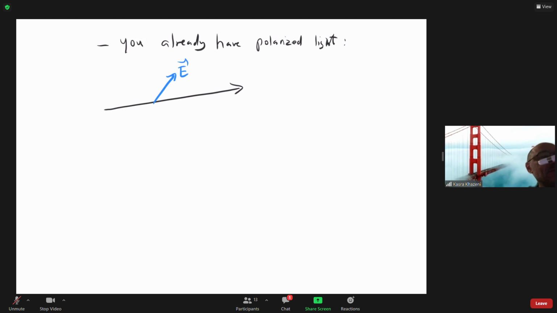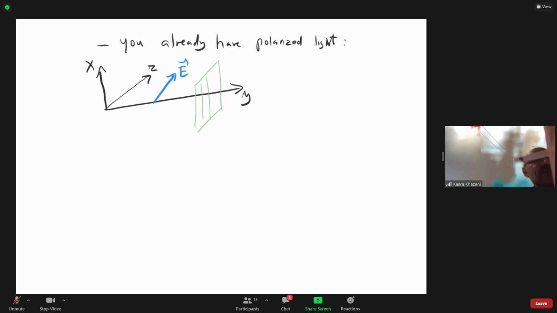And let's define some axes here. Then I'm going to have a polarizing sheet here, and the polarizing sheet is going to have its polarization axis up.